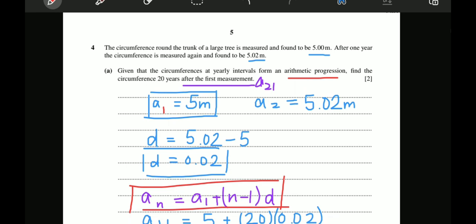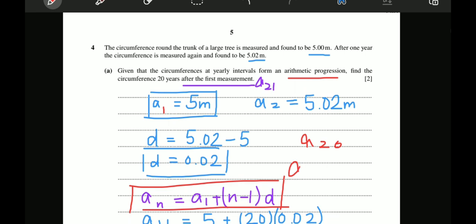There is a little trick in this: if they are telling you to find the circumference 20 years after the first measurement, that doesn't mean A20.